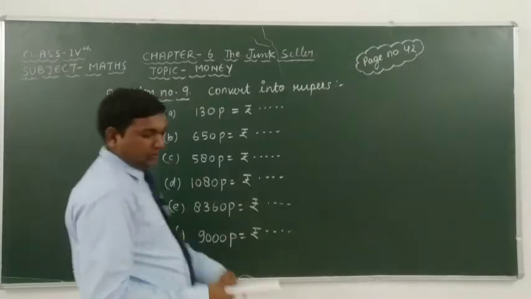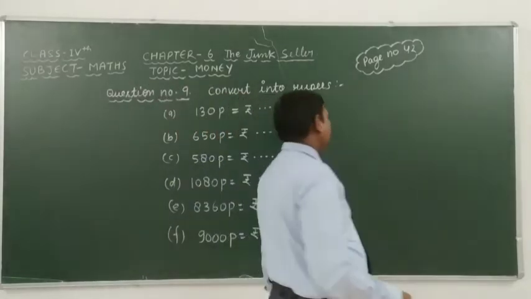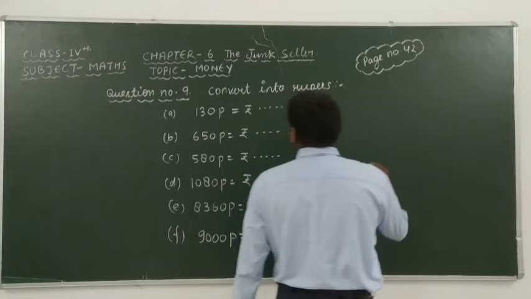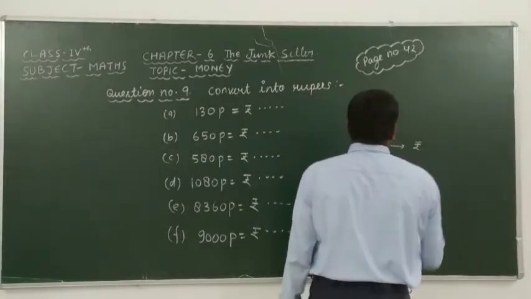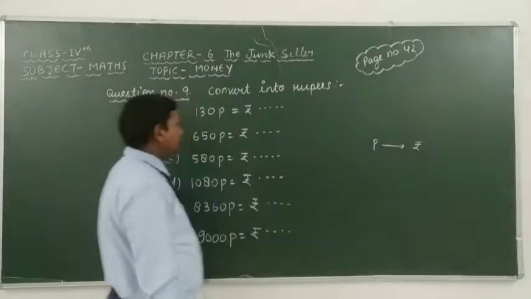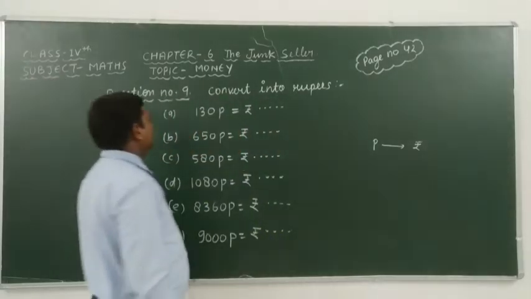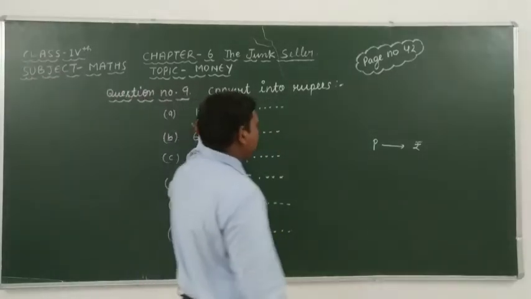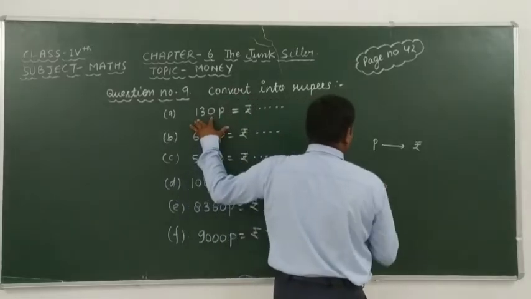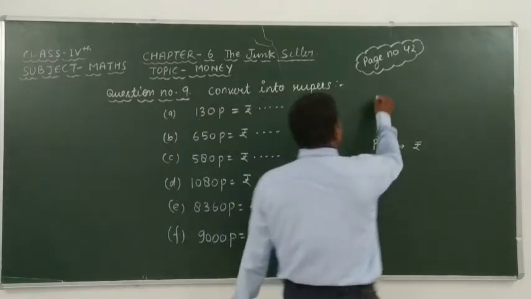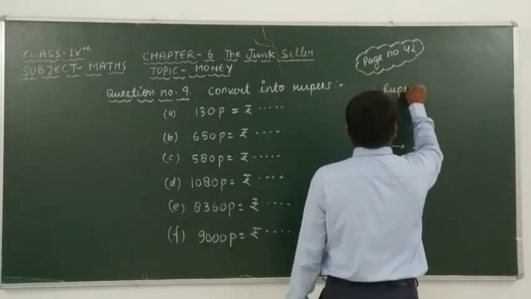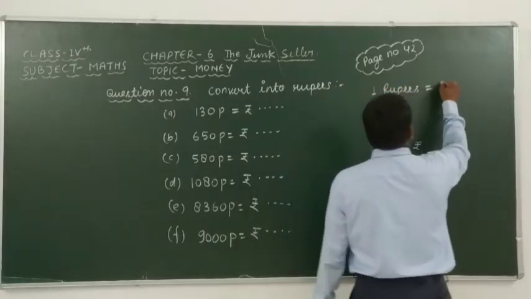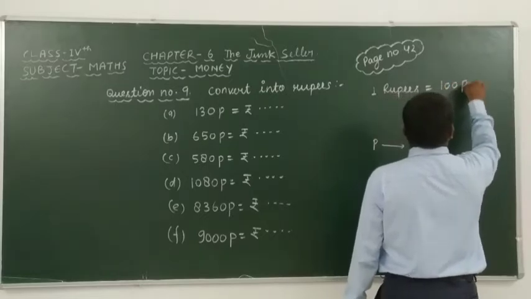We know that if we have to convert paise into rupees, then we have to divide the given number by 100, because students, please keep in mind, 1 rupee is equal to 100 paise.